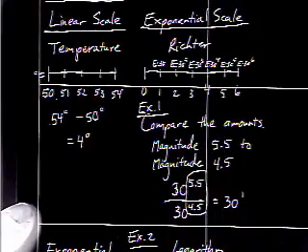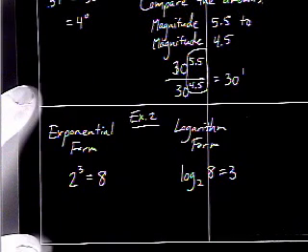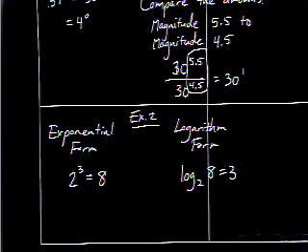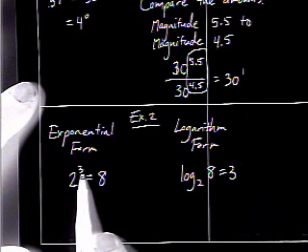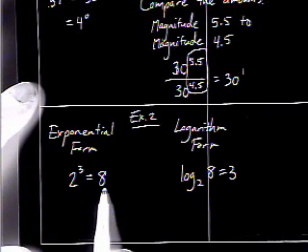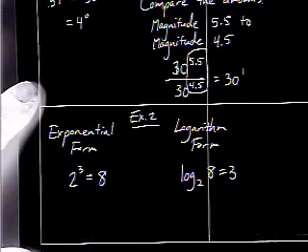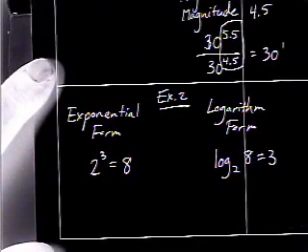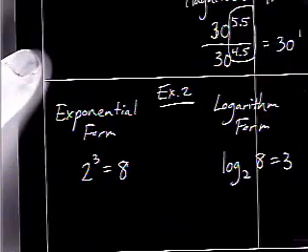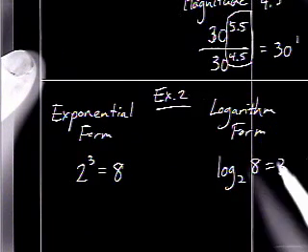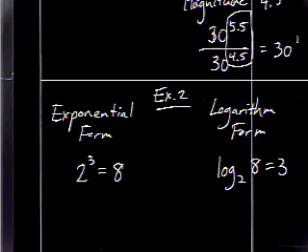Now let's move on to example 2, understanding the difference between the exponential form and the logarithm form. Now, we all know that 2 to the third power is equal to 8. The logarithm form of the same exact statement.